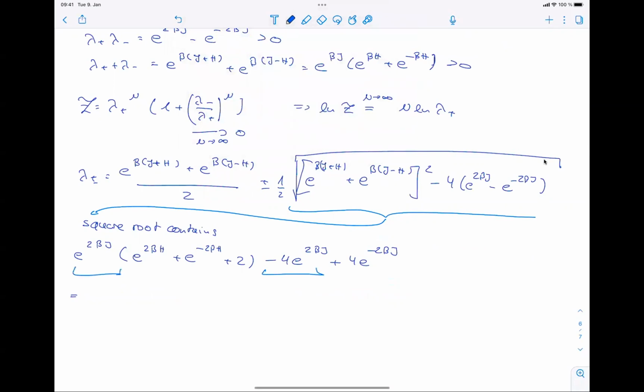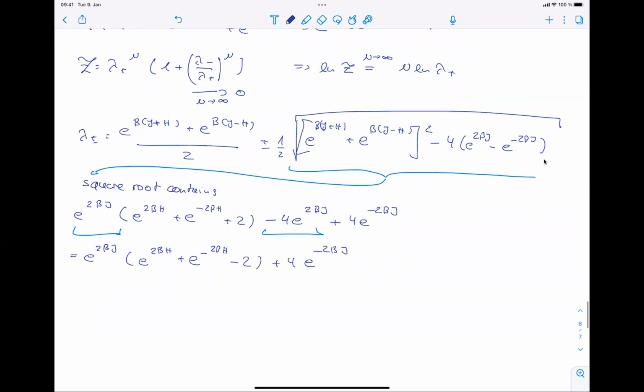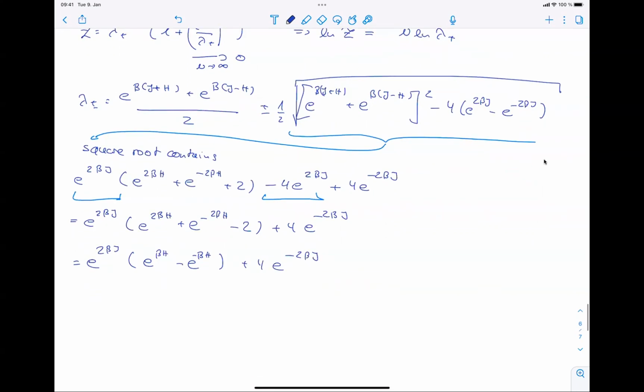We can lump together these terms to have e to the 2 beta j minus 2 then, and I'm copying down the remaining term. And so then I can simplify this bracket again to become e to the beta h minus e to the minus beta h, squared, sorry, square missing. And so why am I doing this?